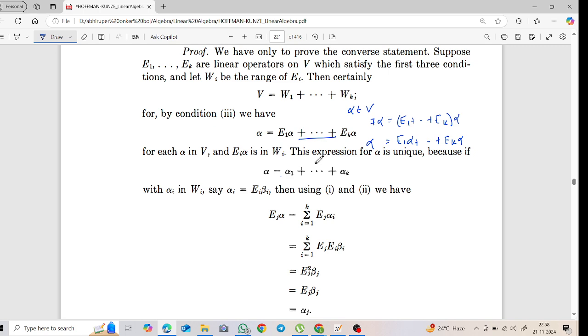Now, is this expression unique? We will have to show the direct sum, so we will have to show that this representation is unique. So if alpha equals this, and alpha i is in Wi, since alpha i is in Wi, it's in the range of Ei, so alpha i is of the form Ei beta i. So see, what is Ej alpha?